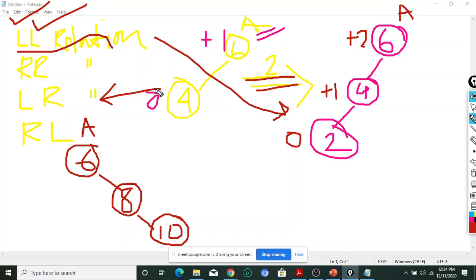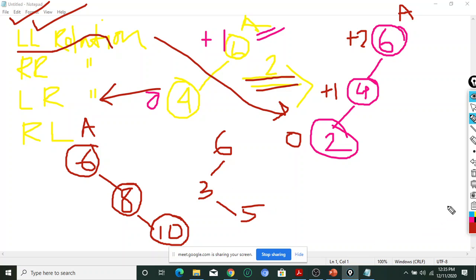If I consider LR rotation, what does it mean actually? LR means, if I consider this is 3, then 6, then if I insert on the right, now the meaning is, I think now it is clear. So what is the meaning of LR? LR means inserted node in the right subtree.